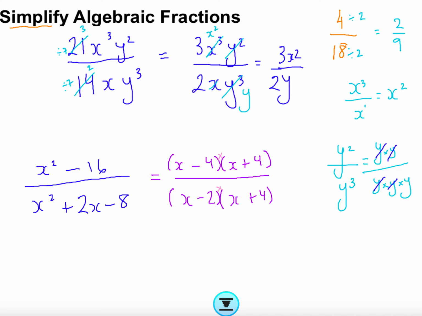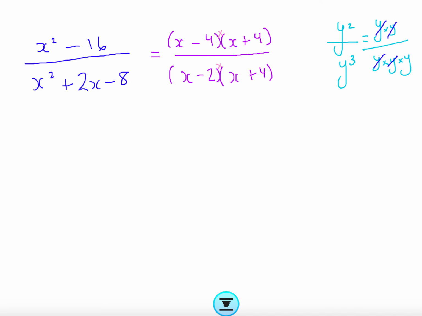So I can now deal with these brackets as separate numbers being multiplied. So we're back to the first example, kind of. And instead of thinking what cancels with x, now I have to think what cancels with x minus 4 as a whole bracket. And this is the trick you need to go for.